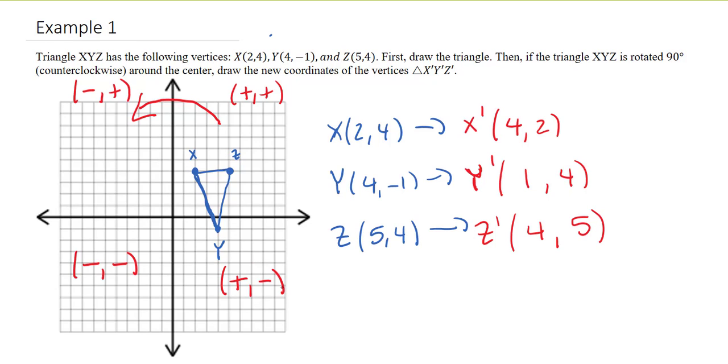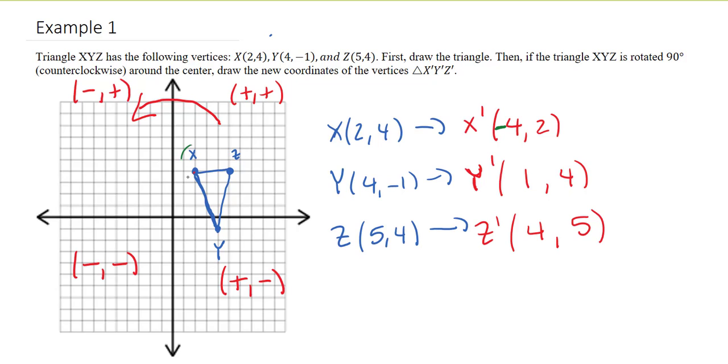So if we move any coordinates in quadrant 1 and rotate them 90 degrees, we're going to have a negative x value and a positive y value. So this becomes negative 4 and positive 2.